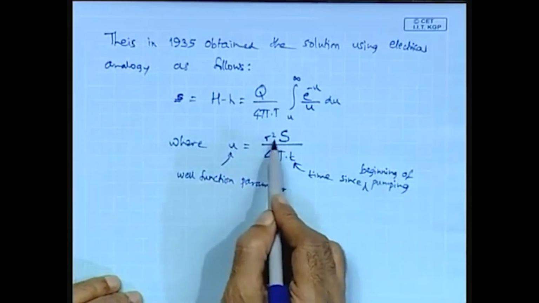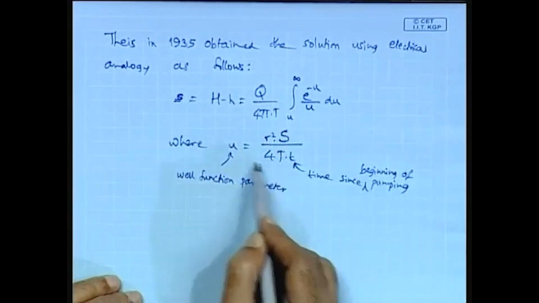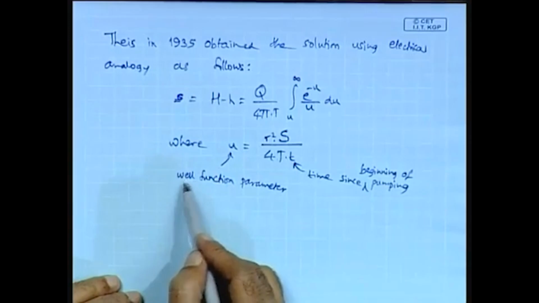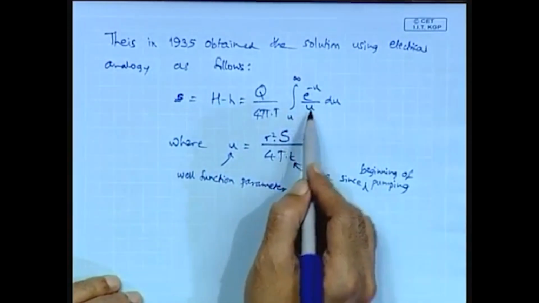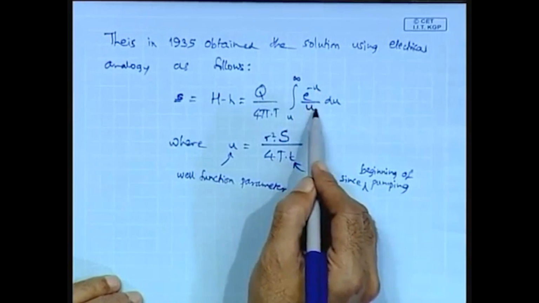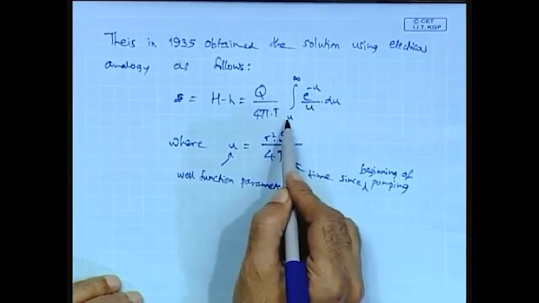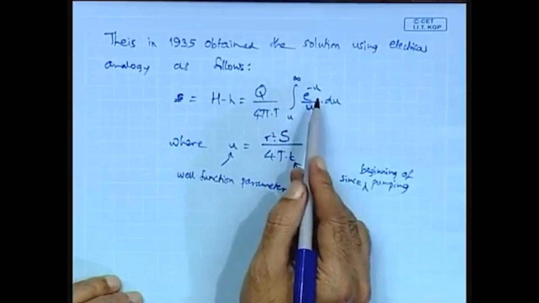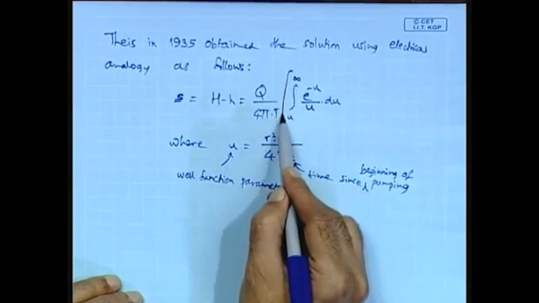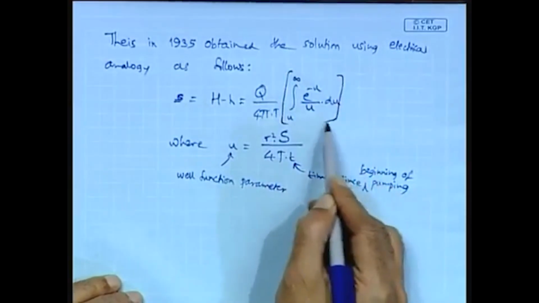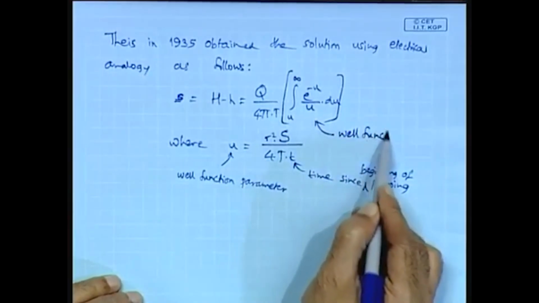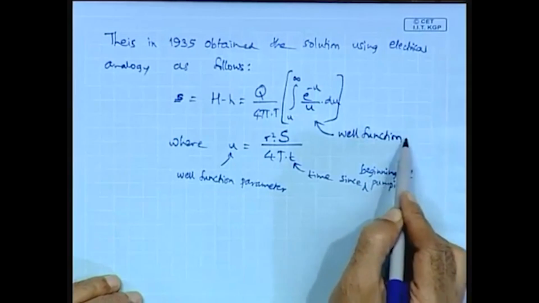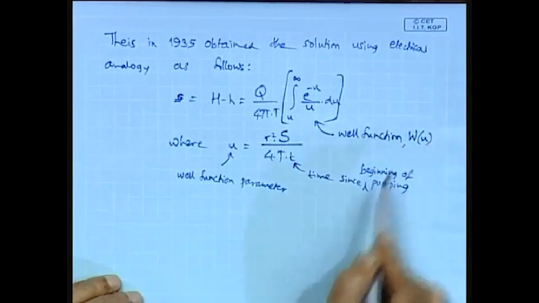So, in this case, r square S by 4 T t is denoted as the well function parameter u, and its integration, that is e to the power minus u divided by u into du between the limits u to infinity, this whole thing is known as the well function, denoted by W(u).